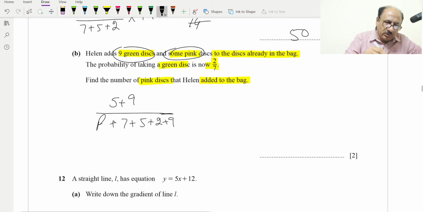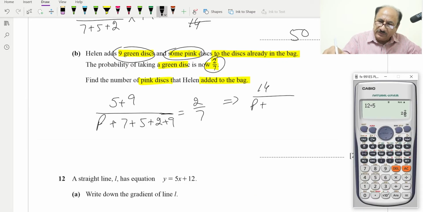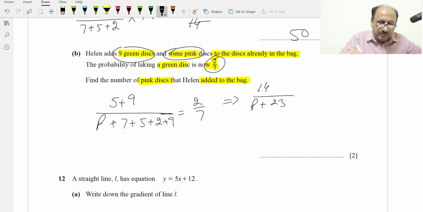So this total we have written over here, and it is given in the question that this is equal to 2 over 7. Now the rest is all simplification. This implies 14 divided by p plus 7 plus 7 plus 5 plus 2 plus 9, and this is equal to 23. So we can write here 23 is equal to 2 over 7.